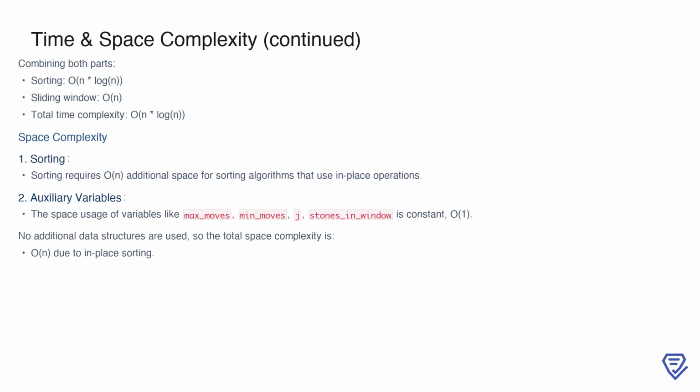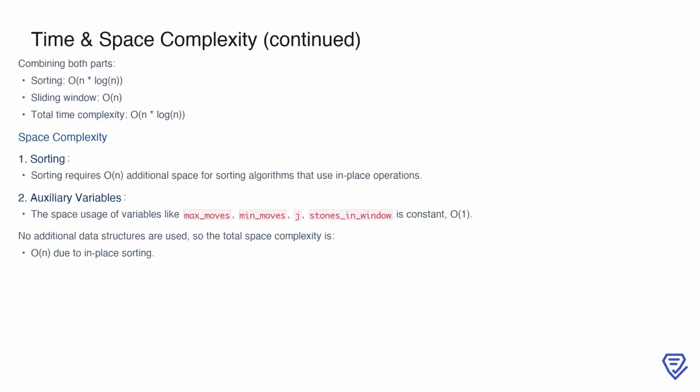For in-place sorting algorithms, this space requirement is O(n). Aside from sorting, the solution uses auxiliary variables like max_moves, min_moves, j, and stones_in_window, all of which take constant space, O(1). No additional data structures are used, so the total space complexity is determined by the sorting step, resulting in O(n).